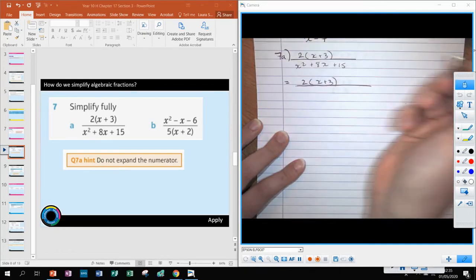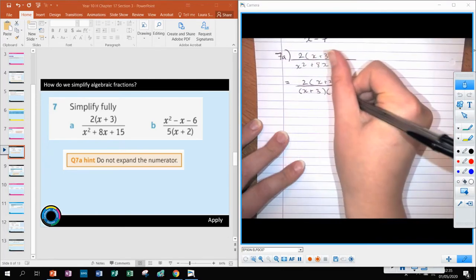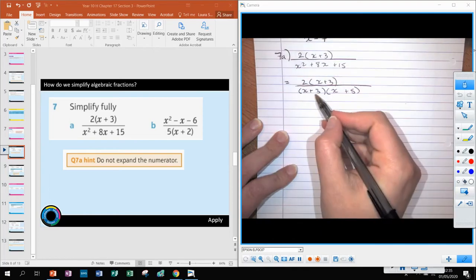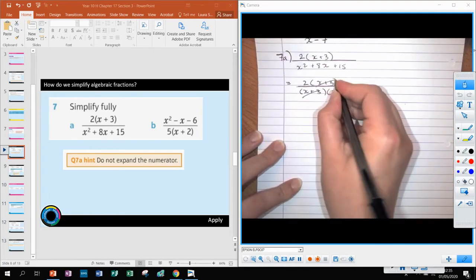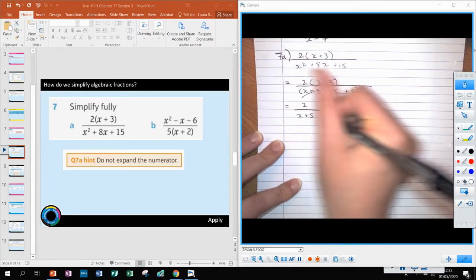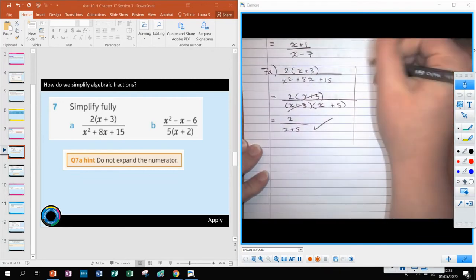It's pretty obvious, it says to simplify. So I'm going to have an x plus 3 here, so all I have to think about is what goes here, and that's x plus 5, because 3 times 5 is 15, and 3x plus 5x would be 8x. Okay, so that works. The x plus 3's cancel out, and we are left with 2 over x plus 5. Hopefully you got that one. Well done.